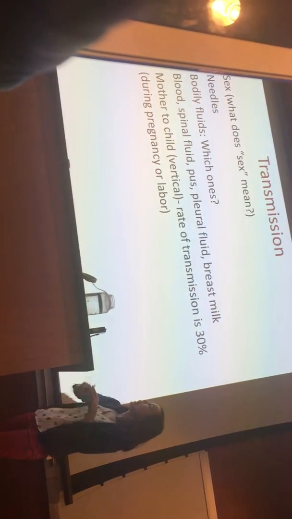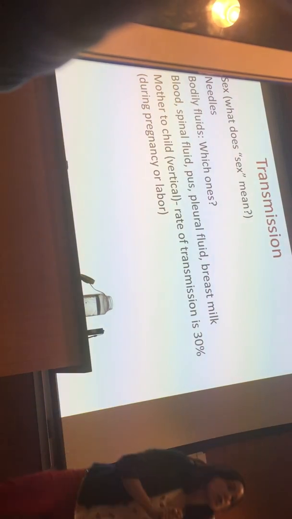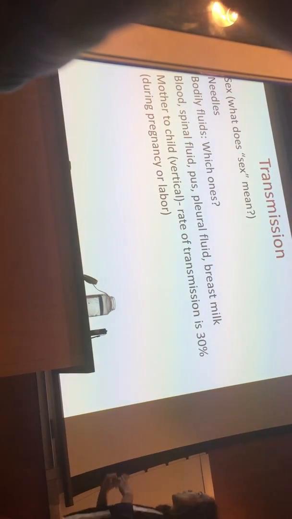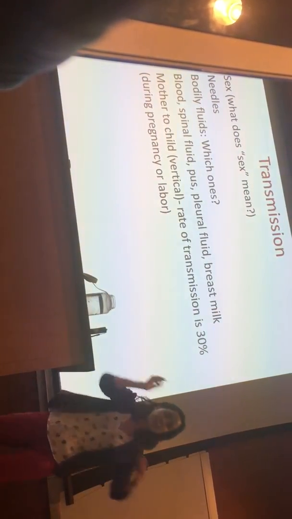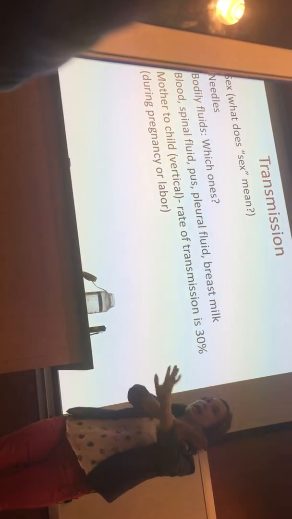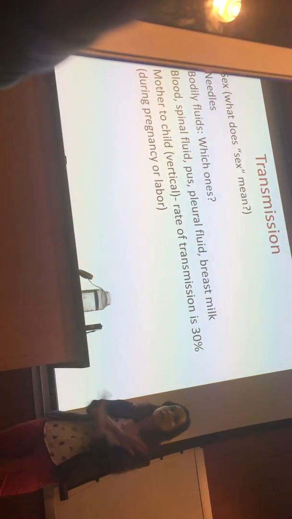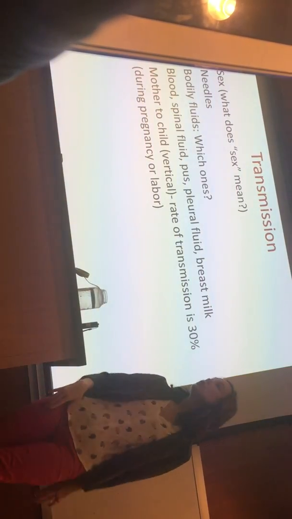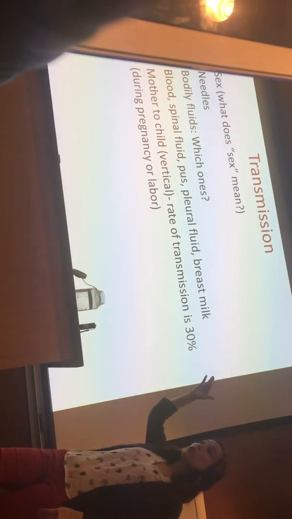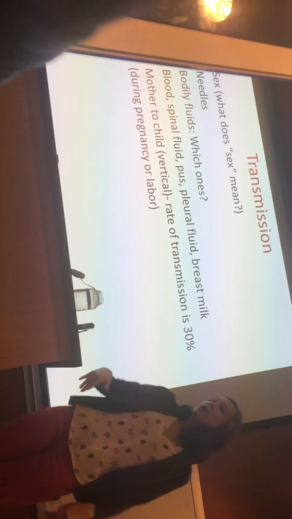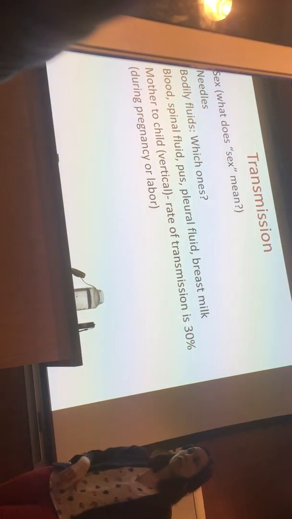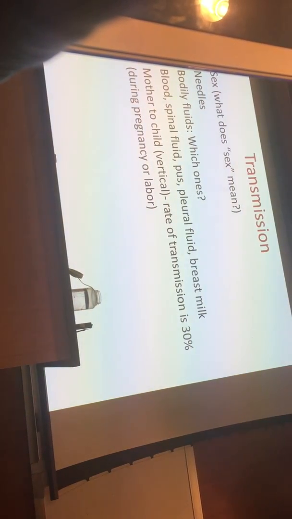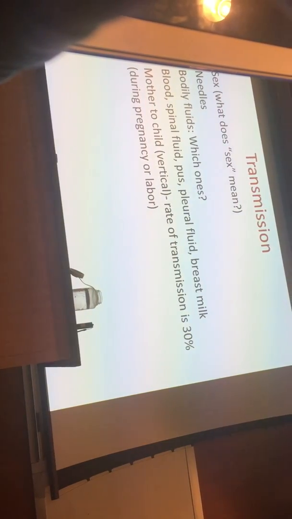And the rate of transmission is about 30%, if mom is not on any HIV meds, without any treatment. When mom is on meds, it drops to around 8%. Which is better. Not great, but it's better.